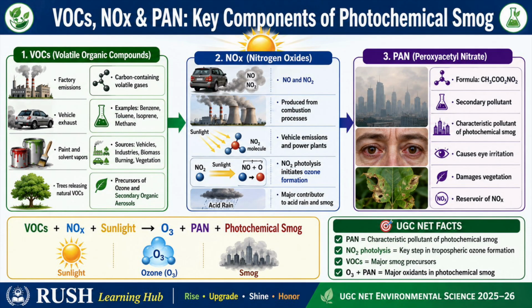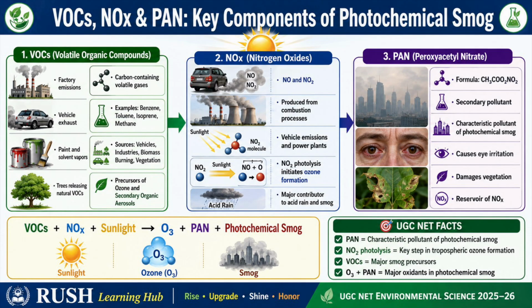These radicals react with nitrogen oxides and initiate a series of photochemical reactions. As a result, ozone is formed. Simultaneously, PAN and several other secondary pollutants are produced. Therefore, the complete process can be summarized as VOCs plus NOx plus sunlight produce ozone, PAN, and photochemical smog. This relationship is one of the most important concepts in atmospheric chemistry.